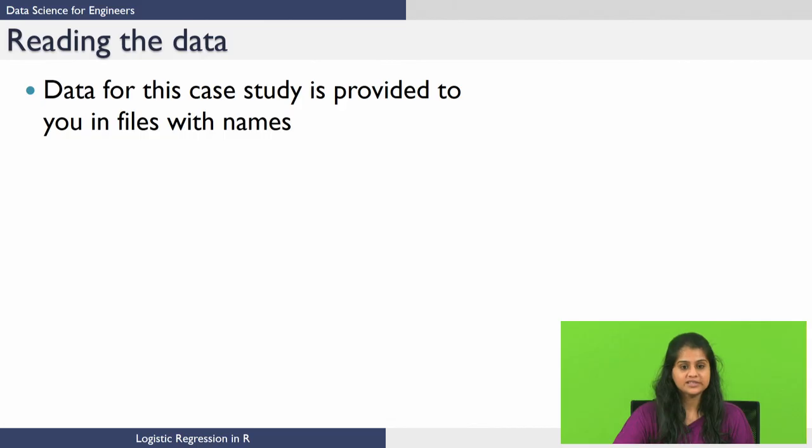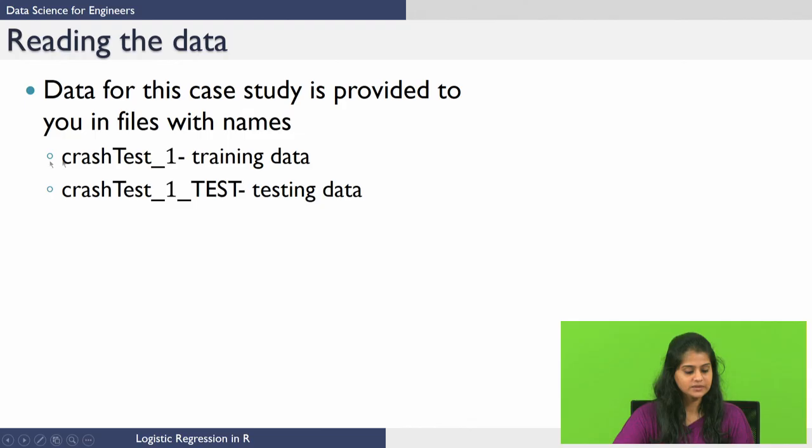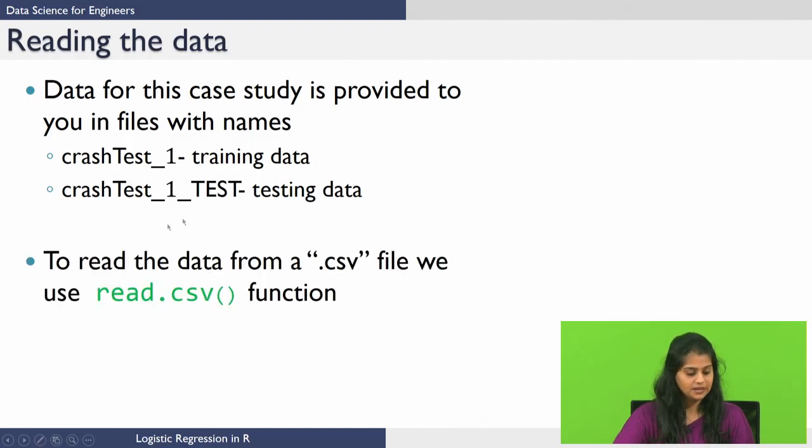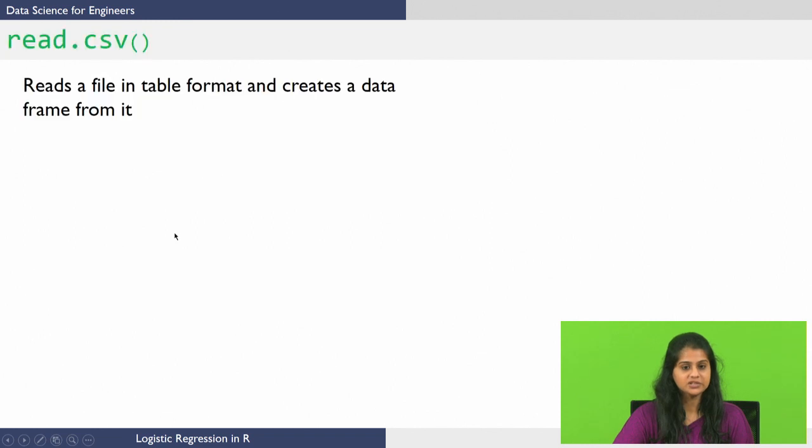The data for this case study, like I said, is provided to you with these two file names. crash test_1 is the train data and crash test_1_test is the test data. Now, to read the data from a CSV file, we are going to use the read.csv function. Like I said in my earlier lecture, it reads a file in table format and creates a data frame from it.